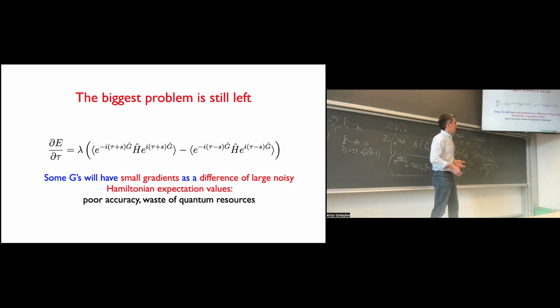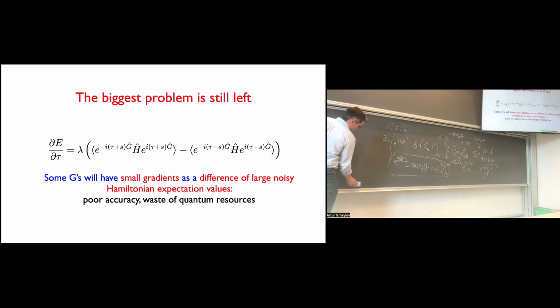Another alternative would be, instead of using the parametric shift rule, to try to put new generators close to the Hamiltonian. That sort of helps. Let's say we have a wave function here, and when we're thinking about putting the generator, we always put it close to the Hamiltonian instead of somewhere inside our ansatz.